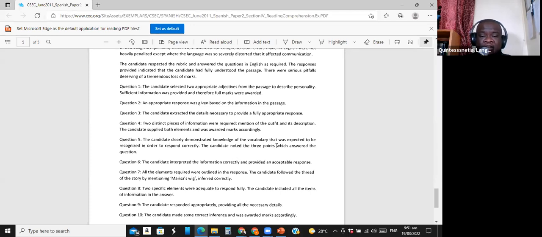The candidate noted the 3 points which answer the question. So there weren't 3 one-word things in this instance, but 3 phrases, right? The candidate selected 2 appropriate adjectives from the passage to describe personality. Sufficient information was provided and therefore full marks were awarded, right?